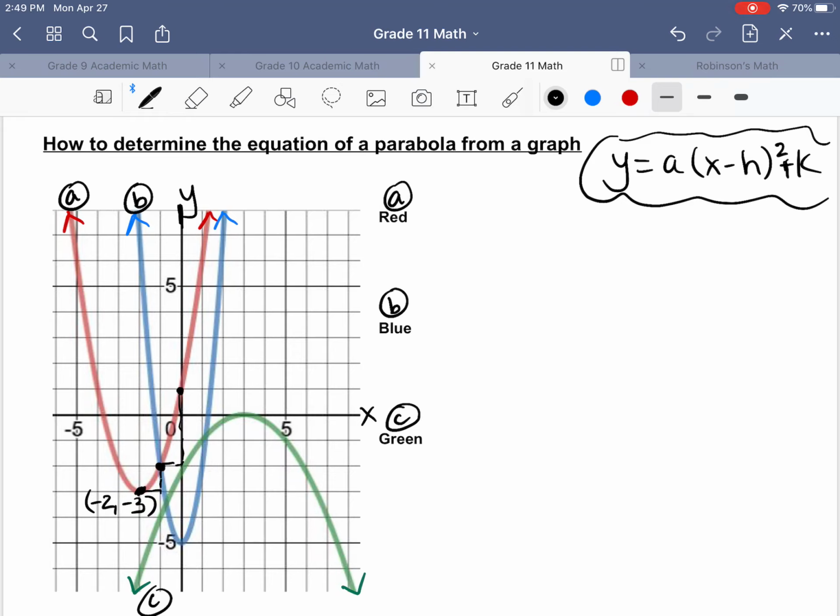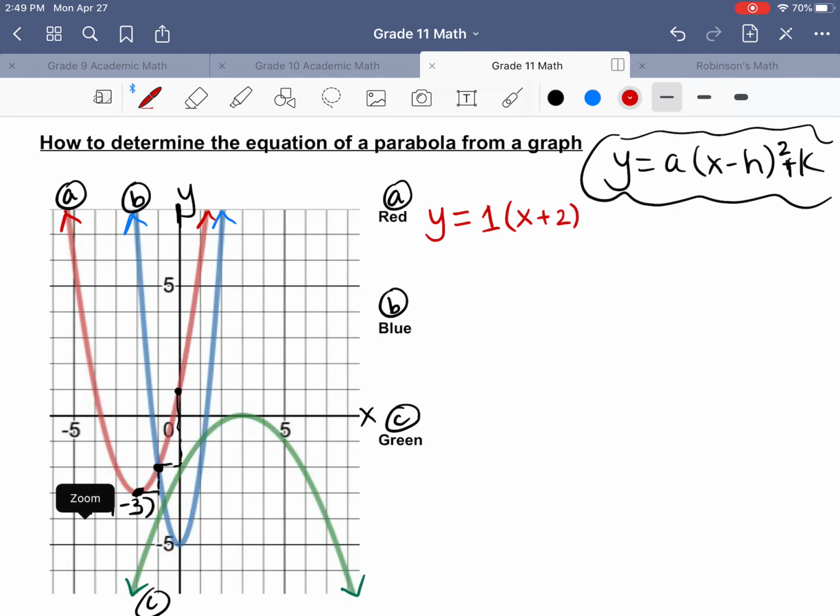So that means our a value is going to be 1, and it's opening upward, so it's also going to be positive. So the equation for the red graph is going to be y is equal to +1 times (x plus 2) squared. Now remember, we have a +2 in here. It's the opposite sign of what the x coordinate of the vertex is.